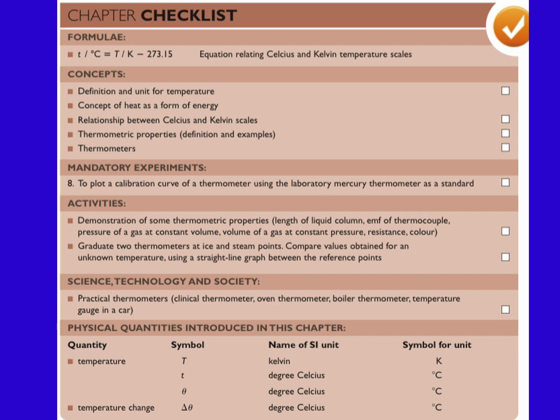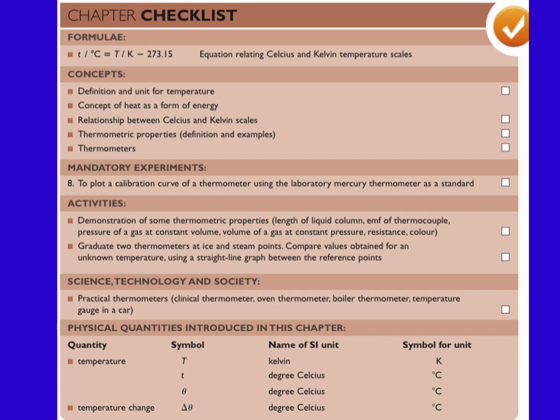You need to be able to define temperature, what is temperature and what is its unit. You need to know the difference between heat versus temperature, heat being a form of energy, whereas temperature is a measure of hotness and coldness. The relationship between the two scales, Celsius and Kelvin, and you need to know the 6 different thermometric properties.